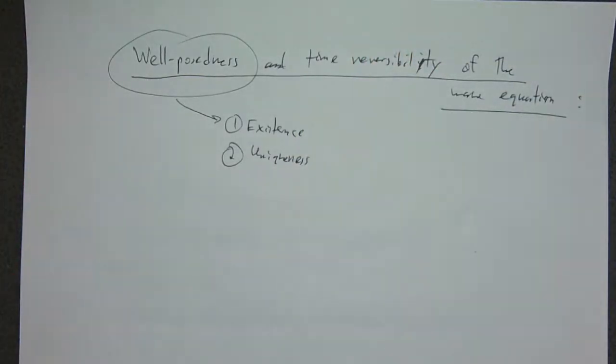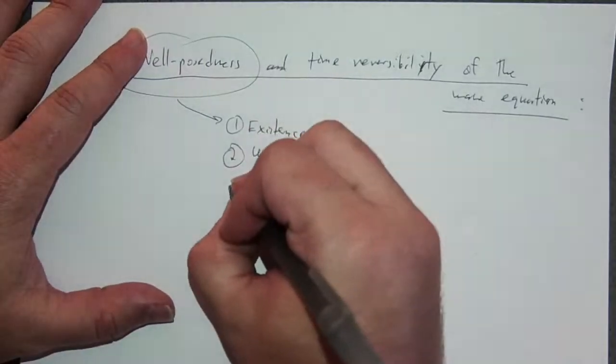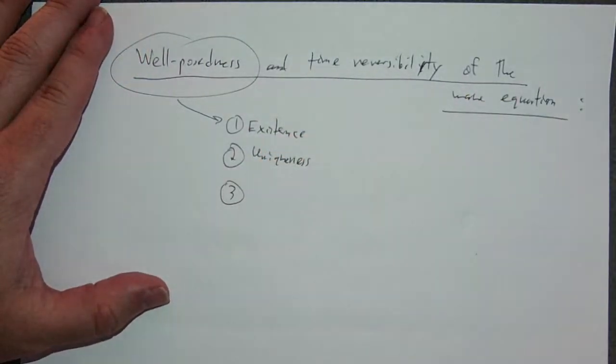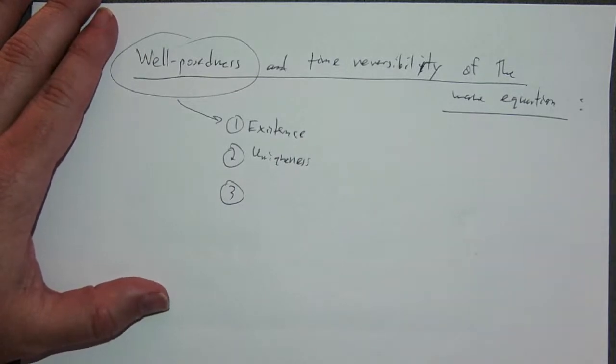You could say that D'Alembert's formula tells you that this thing is unique, right off the bat. But also we've shown this energy method is another way for getting uniqueness of solutions. And then lastly, continuity with respect to small perturbations of data, right?